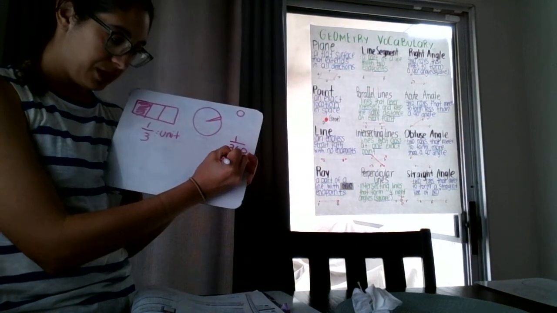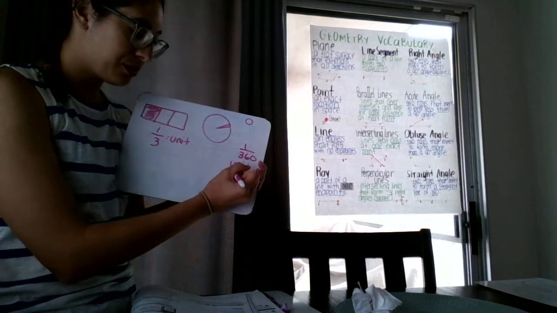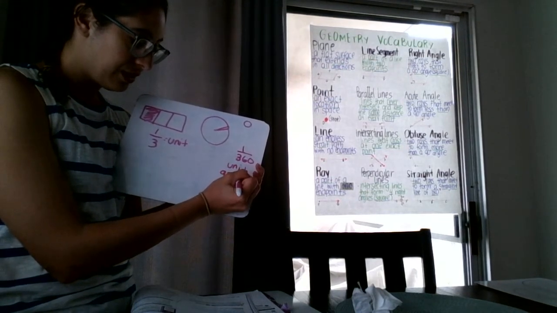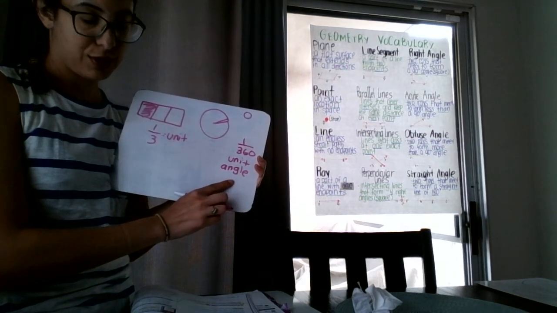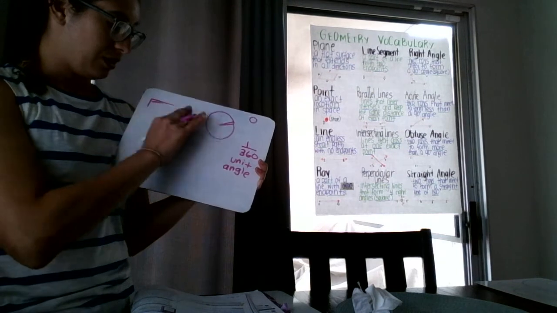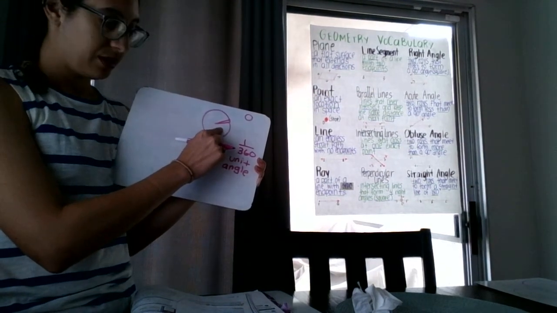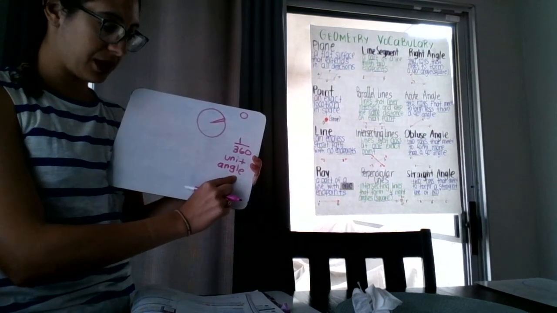This is a unit, but instead of a unit fraction, it's going to be called a unit angle. Okay? So we know 1 out of 360, when we're working with angles, is known as a unit angle.